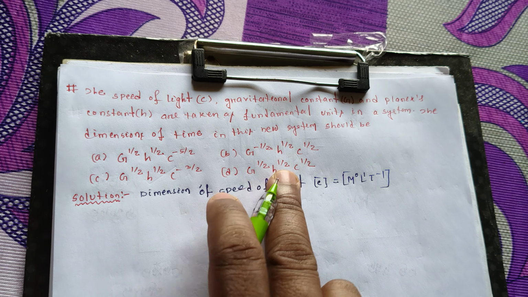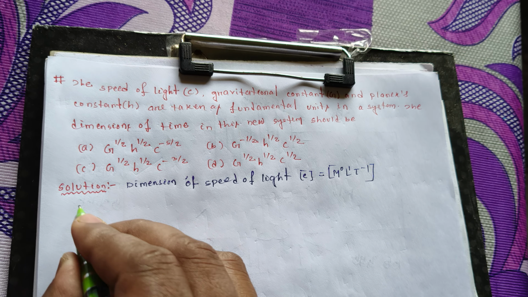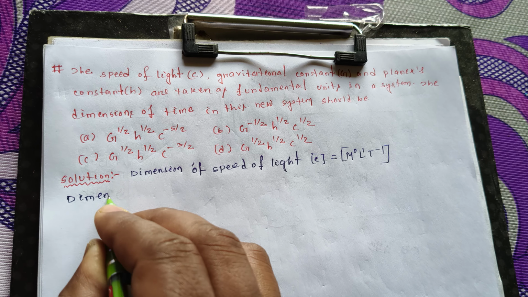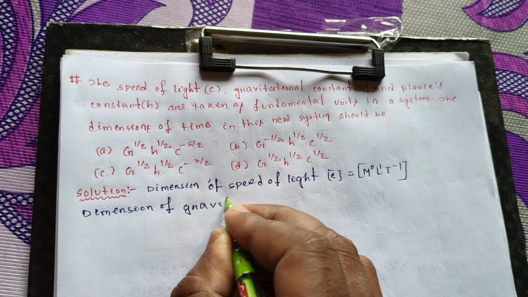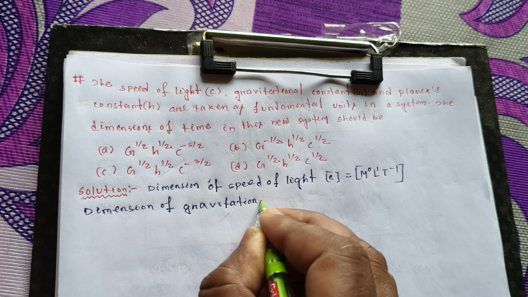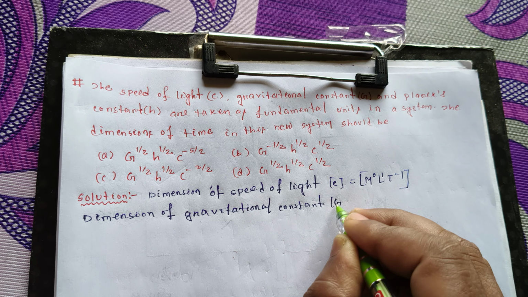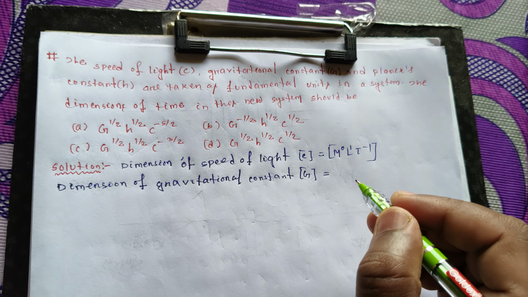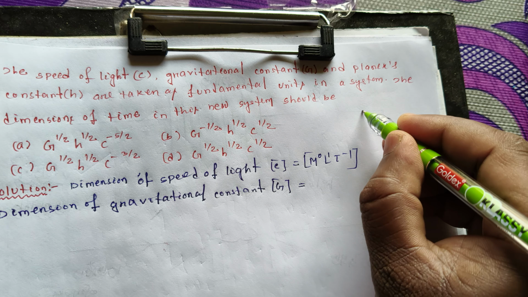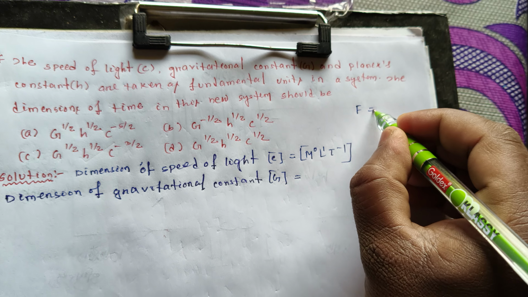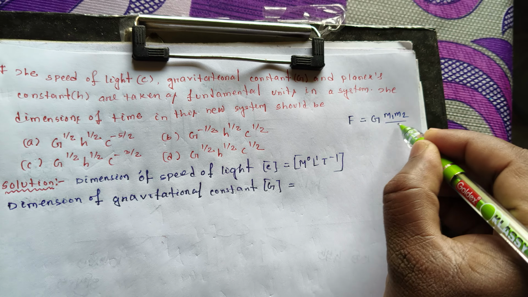Next we have to calculate the dimensional formula of the gravitational constant. Dimension of gravitational constant, that is G. So we know that F, the gravitational force, is equal to G m1 m2 by r square.